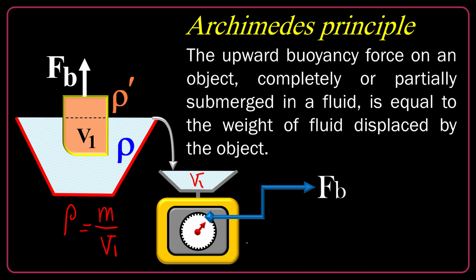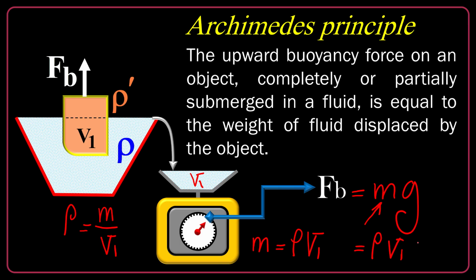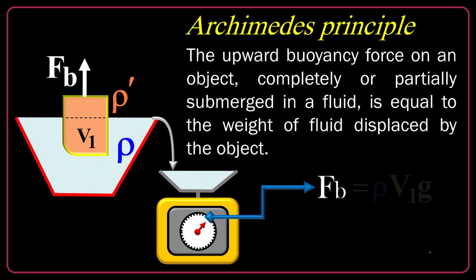So the mass of the displaced liquid is going to be rho, the density of the liquid, multiplied by V1. And here I will find the buoyancy force easily by mg, the mass of the displaced liquid multiplied by g. But what the mass is: rho V1. So it's rho V1 g. Done. This is the buoyancy force.